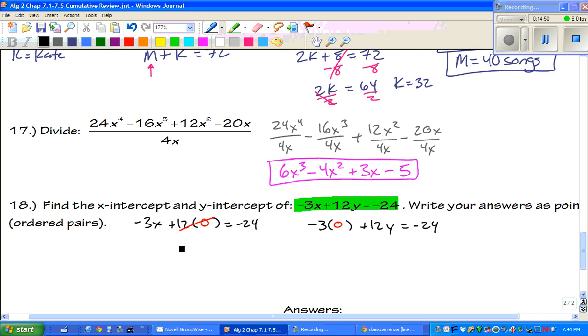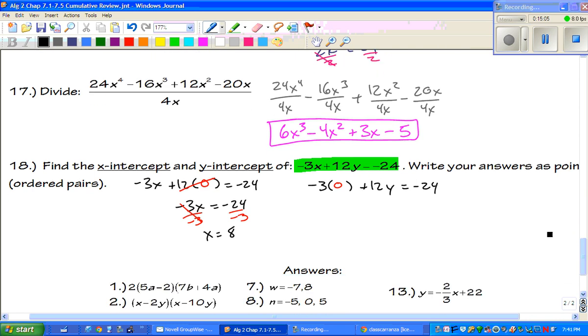Those cancel. We get negative 3x equals negative 24. Divide both sides by negative 3. And you get x equals 8. And now that's a point. x equals 8, y equals 0. So that's our first point.